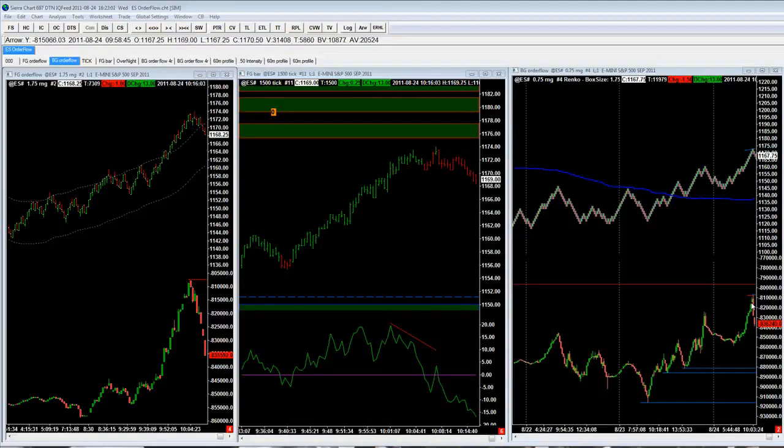You always want to know where these traders are holding their resting inventory, and be aware of what they're doing as price trades back into these levels of resting inventory. Very important to take note of these order flow transitions.